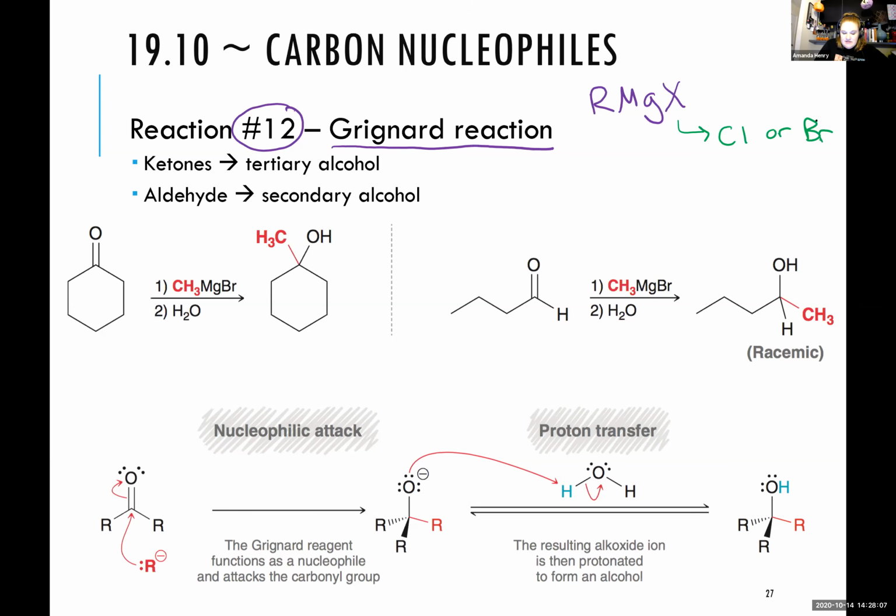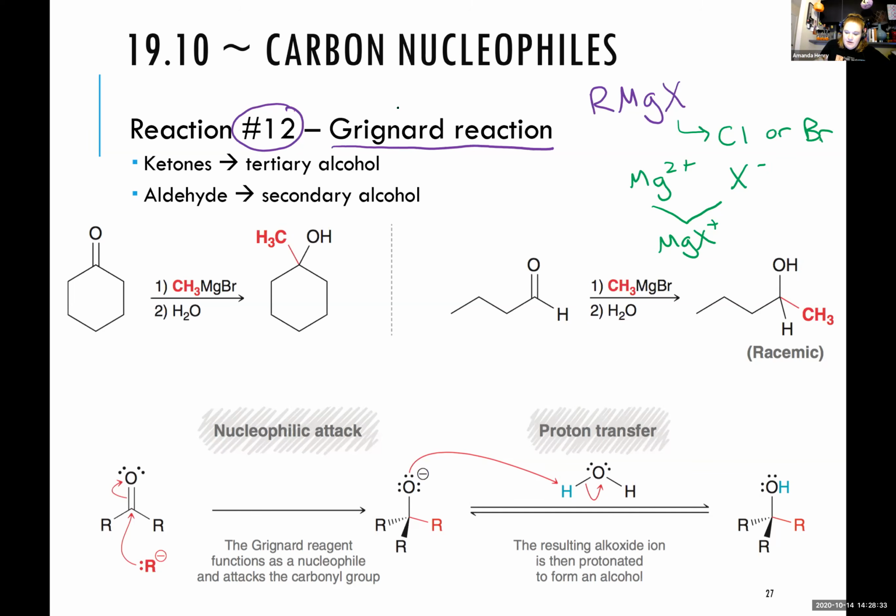When this happens, the carbon actually becomes a carbanion. So let's talk about why. Magnesium is a 2+ cation metal. Halogens are -1. So when we put those together as an MgX, it's a +1. That's just math. +2 and -1 together give us a +1.